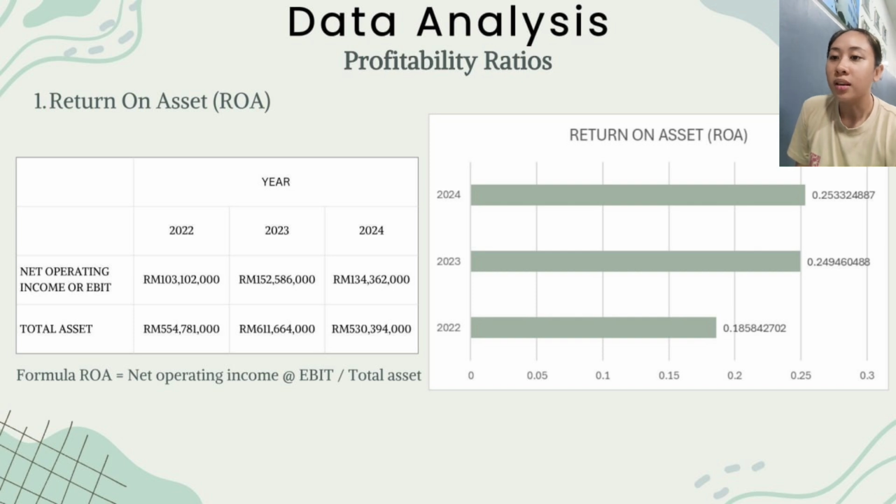This shows that the firm utilized its assets to generate profit much more efficiently in 2024. The formula to compute this ratio is net operating income or earnings before income tax divided by the total asset.